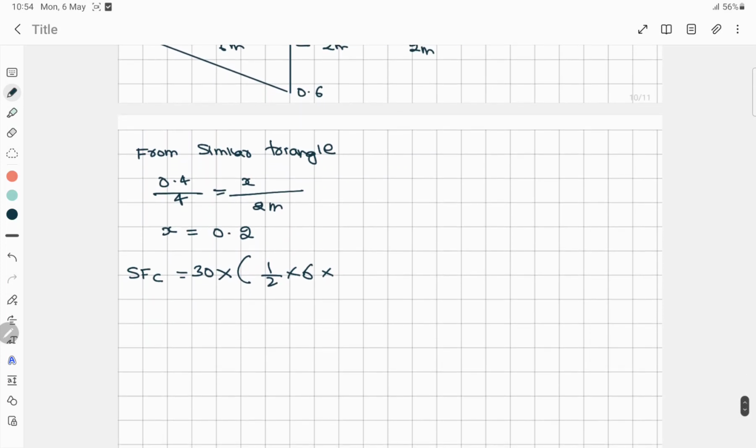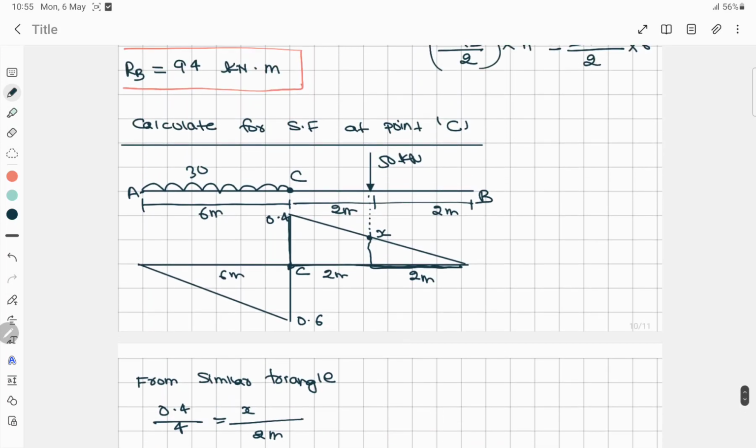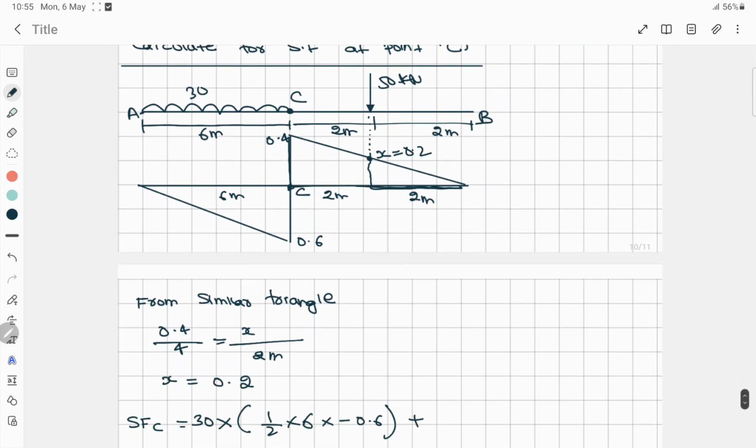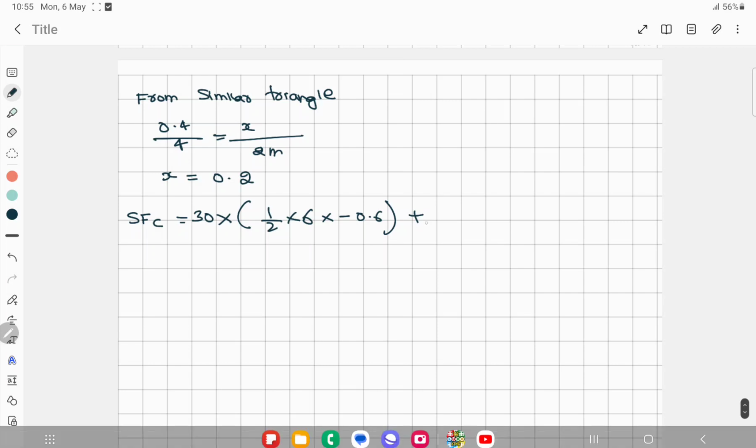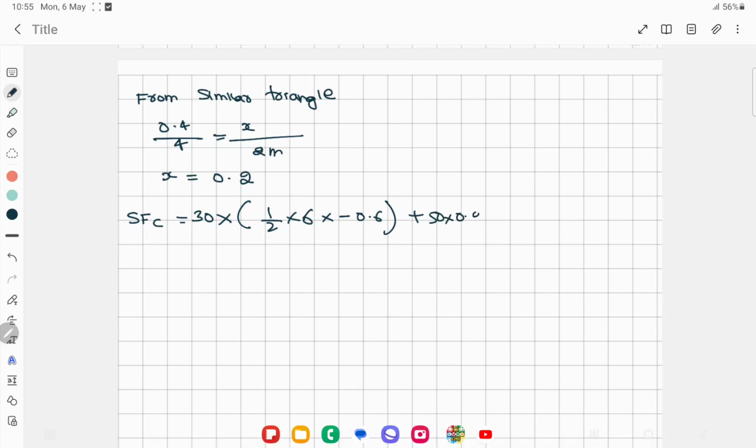It's downward, so it will be minus 0.6, plus this is the ordinate, so we have to take the load, and this value is nothing but 0.2, so 50 into 0.2.